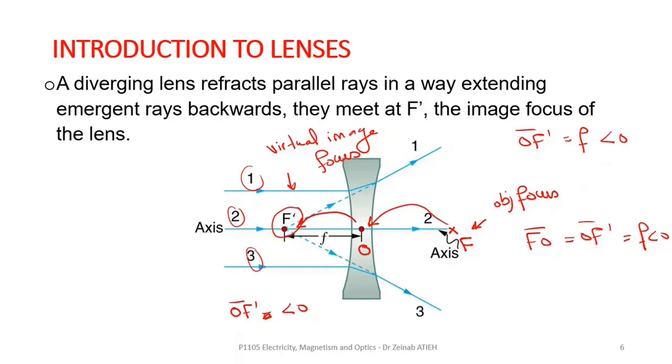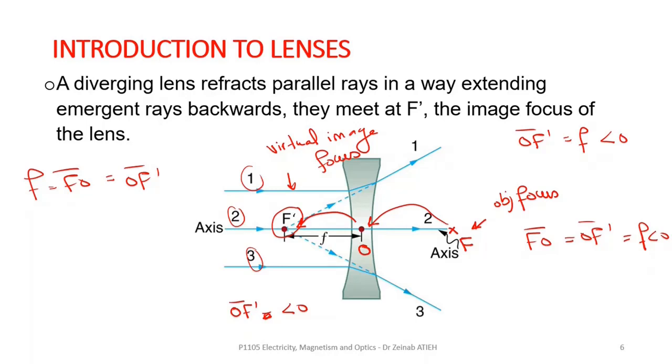So what do we have to keep in mind? First, the definition of the focal length F: it is always defined as FO equals OF prime. It can be positive or negative. For a converging lens, it is positive. For a diverging lens, it is negative. Second, for a converging lens, F and F prime are real.